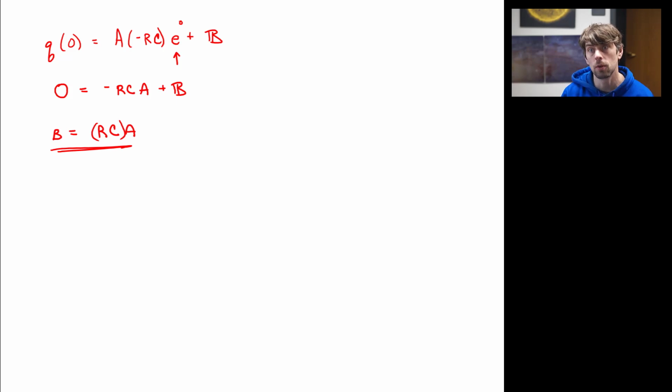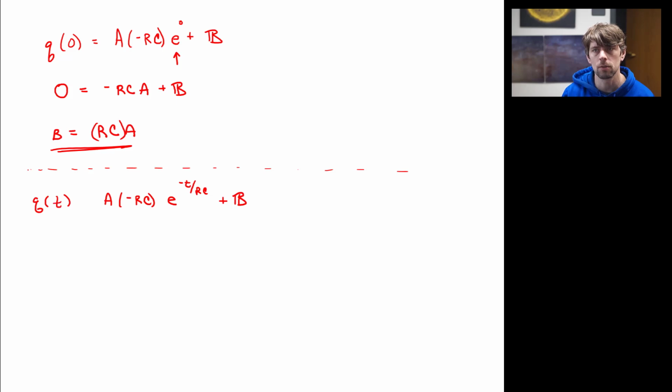Now we have to go to our second initial condition. Namely, our second initial condition said that the charge at time equal to infinity is, well, here we have to be a little bit more careful. I'll put negative t over RC plus B. And here I've got to be a little bit more careful with my notation.